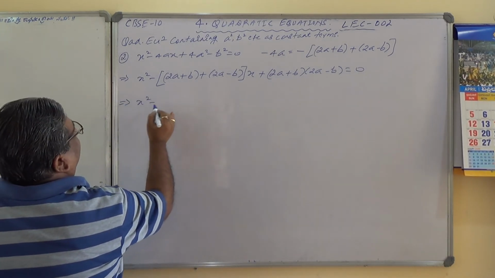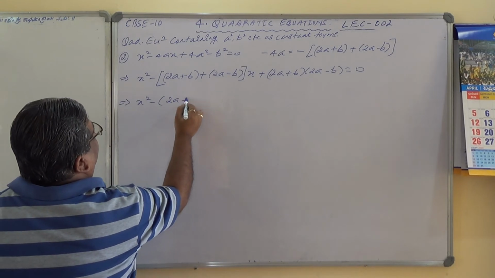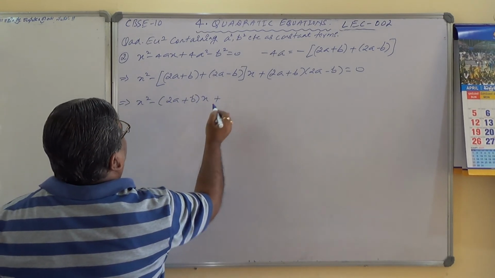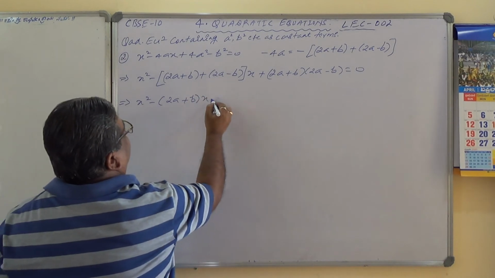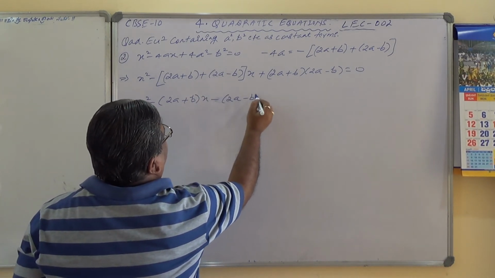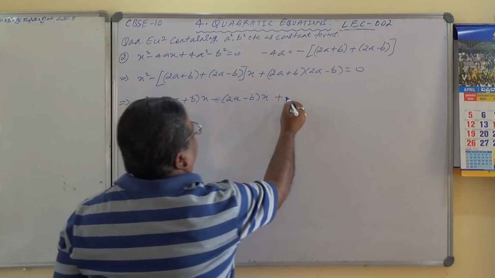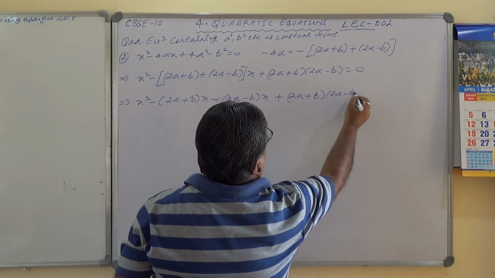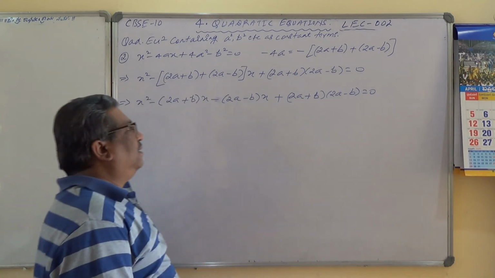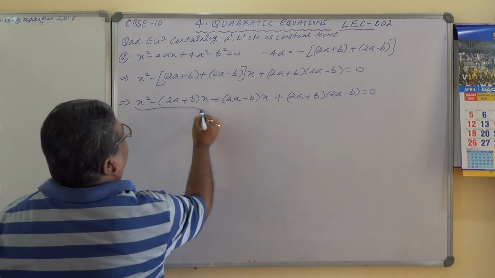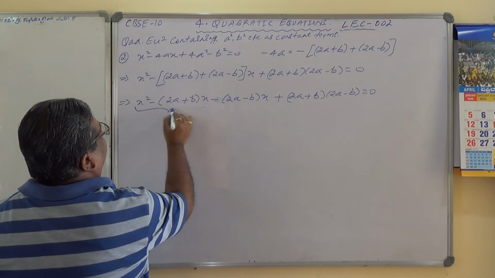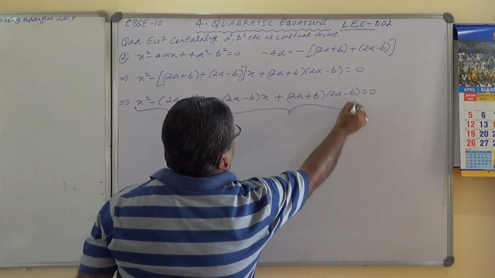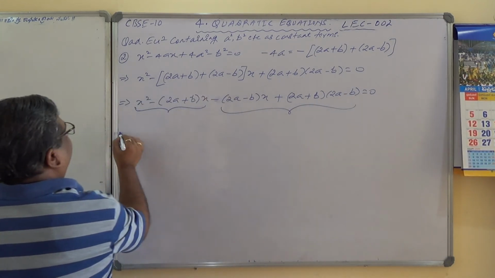X square minus of 2a plus b times x and minus of 2a minus b times x plus. What is the common out of these two terms? And what is the common out of these two terms?